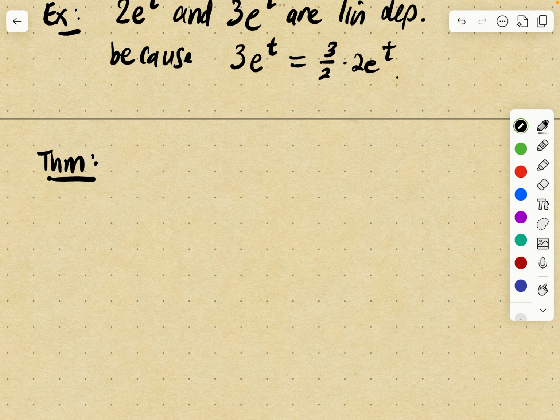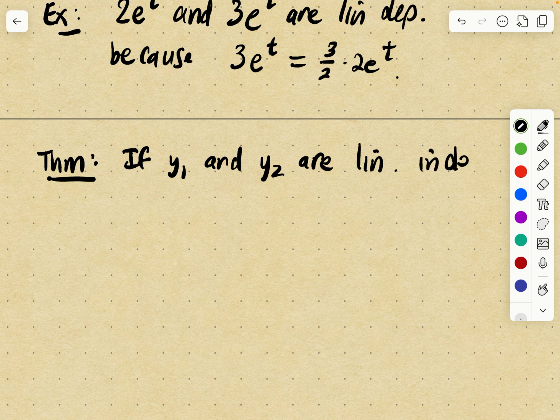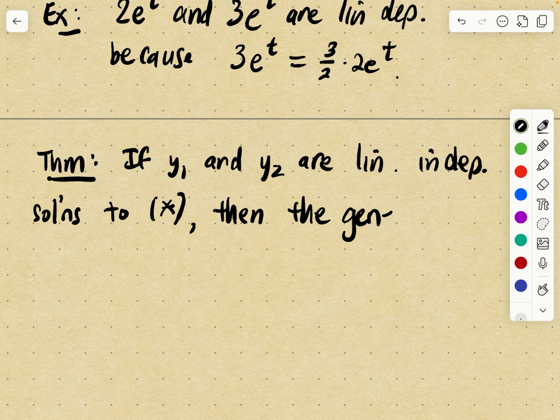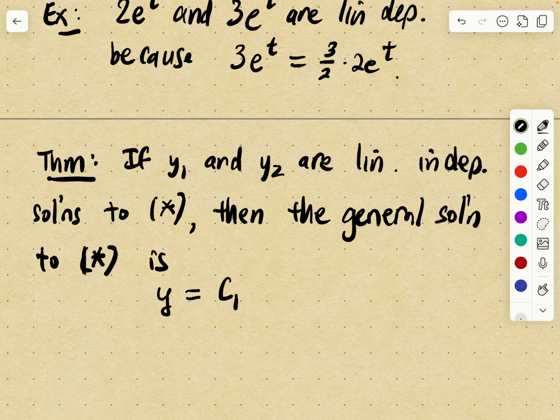The theorem applies to the equation with a star, and it says that if y1 and y2 are linearly independent solutions to that differential equation with the star, then the general solution to the starred equation is y equals c1 y1 plus c2 y2.